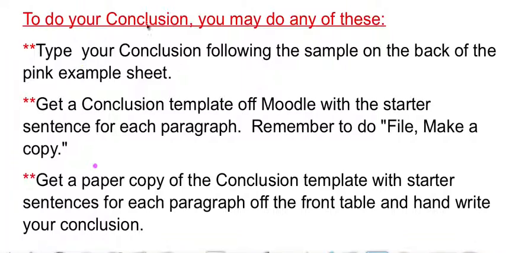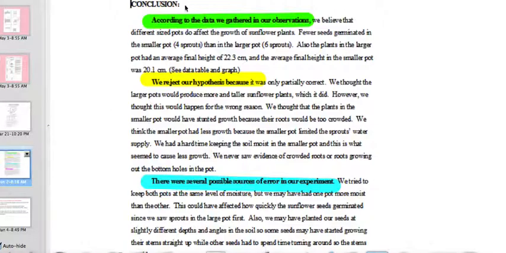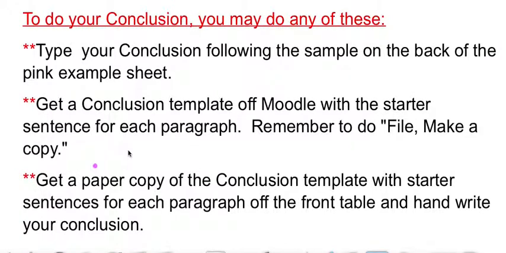You can also get a conclusion template off Moodle with those starter sentences for each paragraph. Remember to do file, make a copy. So if you go to Moodle, you'll get these highlighted 4 sentences, and then you can just fill in your paragraphs. Your other option is to get a paper copy of the conclusion template with the starter sentences for each paragraph off the front table and handwrite in your conclusion. So that would be on the front table.